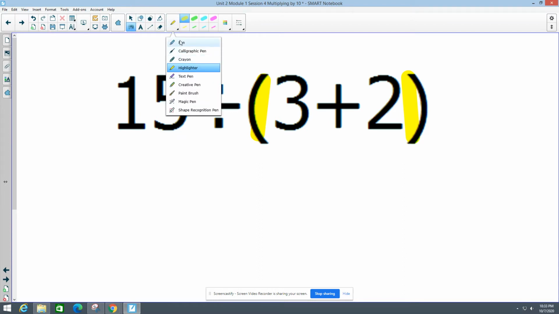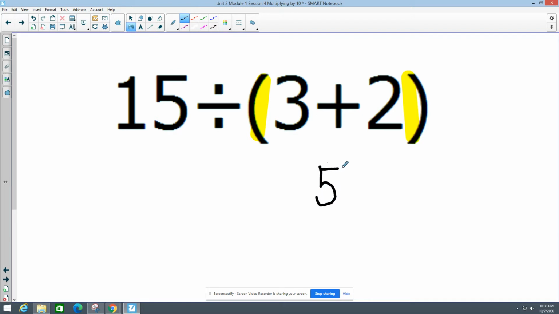So if we do this one first, we can say 3 plus 2 is 5. Then we have to take these and put them right down. So 15 now divided by 5 equals 3.